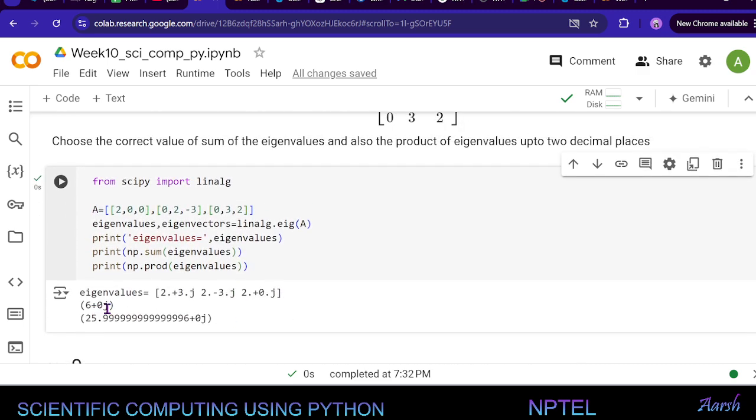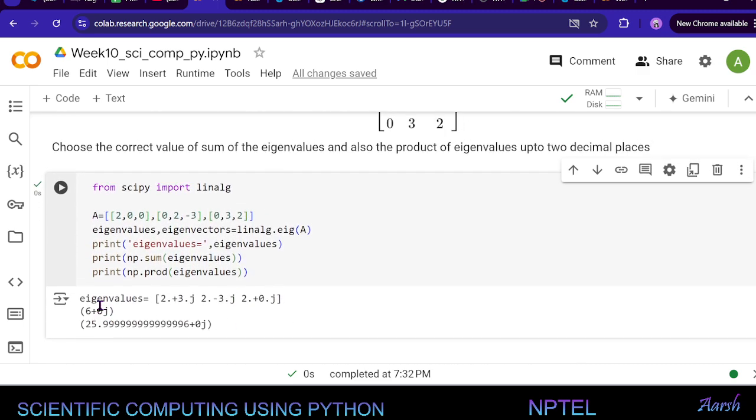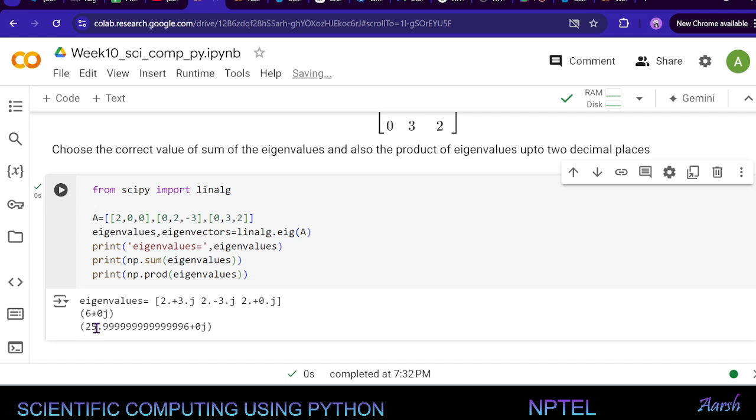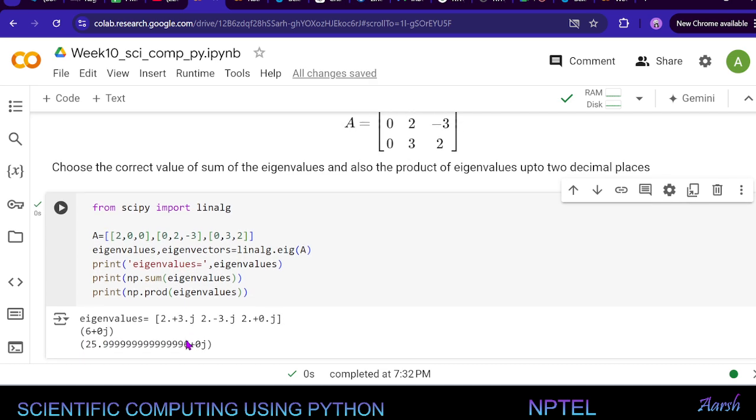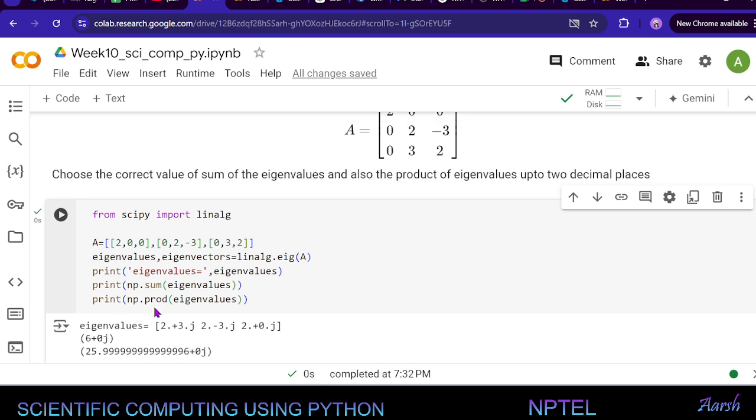So you get 6 plus 0j, which is just 6, and the product is 25.99999, which, if you imagine very hard, is very close to 26, so it is 26.